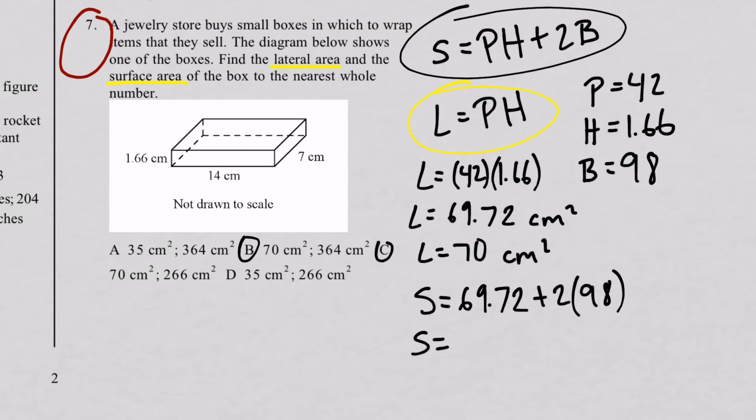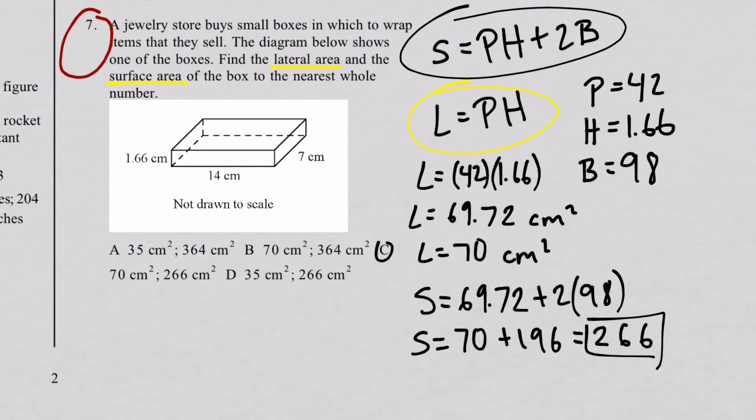So it's basically 70, let's just round it already, plus 196, which gives me a total of 266. Which tells me that the correct answer is C. 70 centimeters squared for the lateral area and 266 for the surface area.